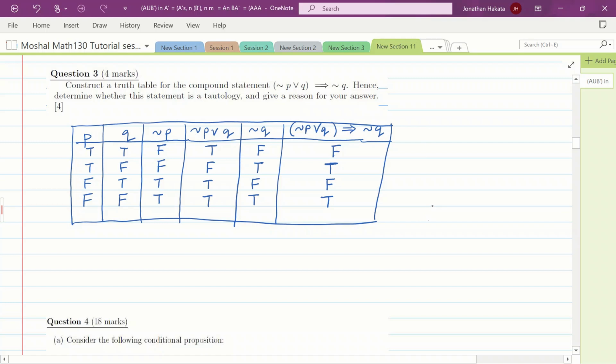If it was false for every type of input that we have, then we call it a contradiction. So in this case, there is a mix of false and truths. Therefore, we would conclude and say the compound statement is not a tautology.